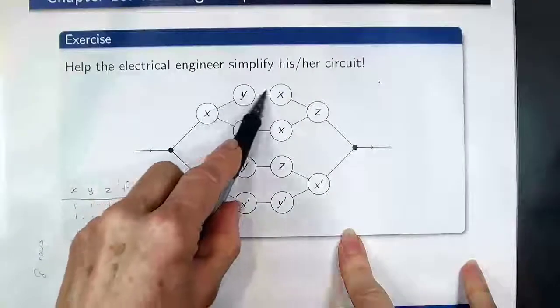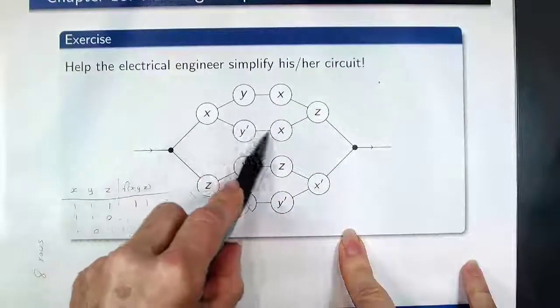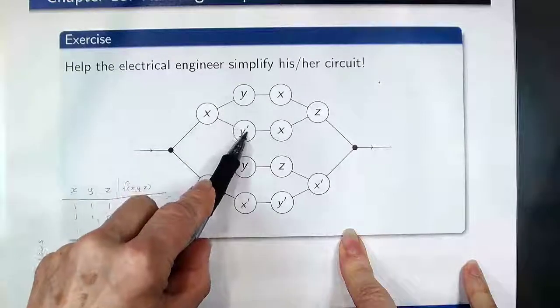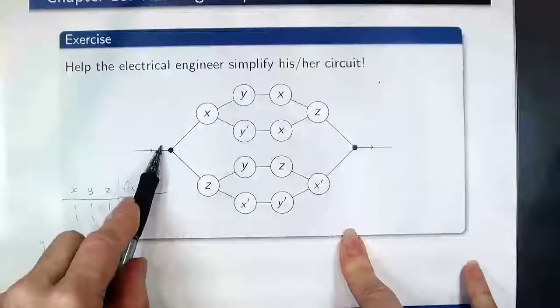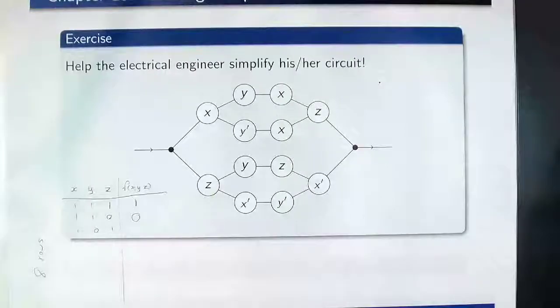X and Y, no, that's off. Okay, no. Can we get current flowing through this way? If X is on and Y is on, nope, we're stopped. Okay, if X is on and Z is off, oh, it looks like that's a 0. Is that right? Okay, so you get your table, you complete that, and then you do your Karnaugh map.